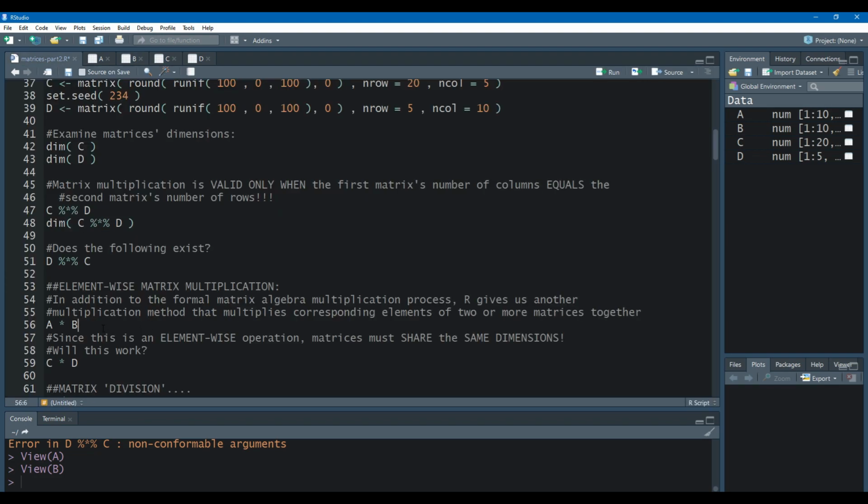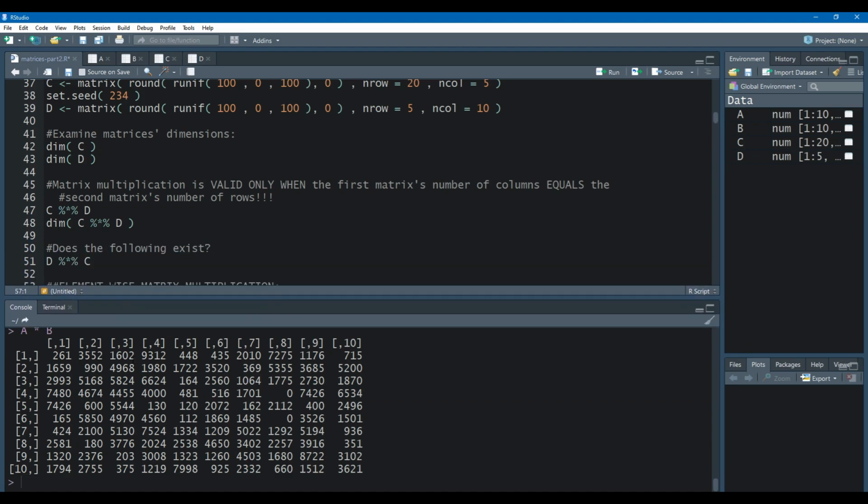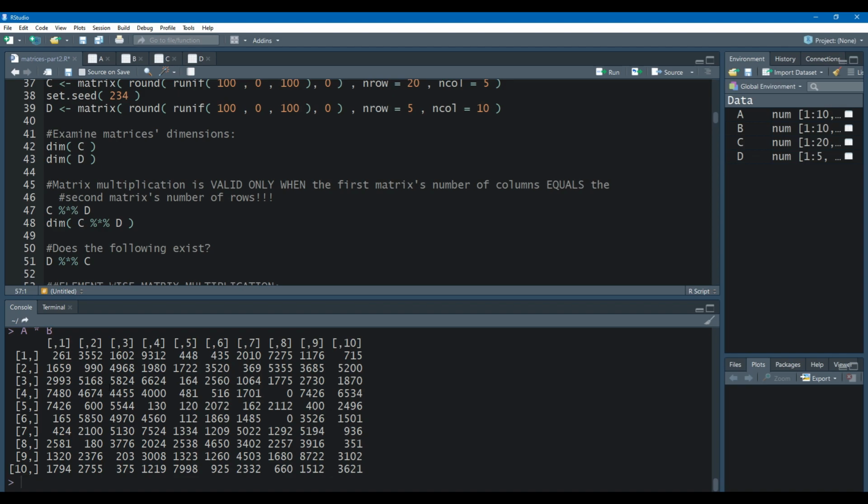So let's do element-wise multiplication, and we're just going to print that out in the output console. Here I have 261 in the first place. Notice that the shape of the matrix didn't change. It's still a 10 by 10 matrix because we didn't perform true matrix multiplication. We performed element-wise matrix multiplication.